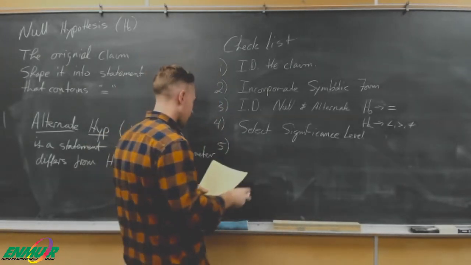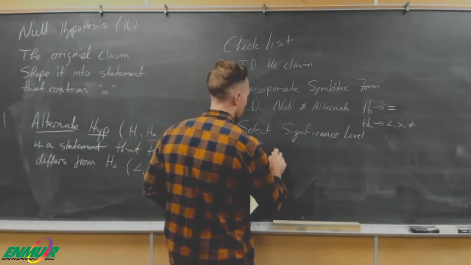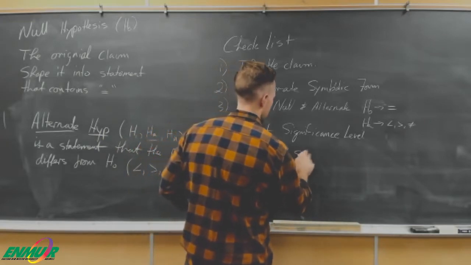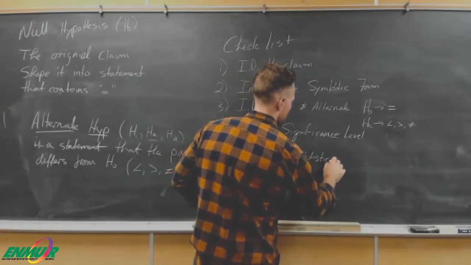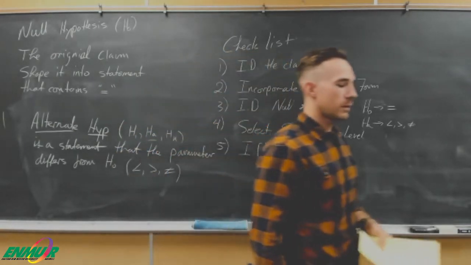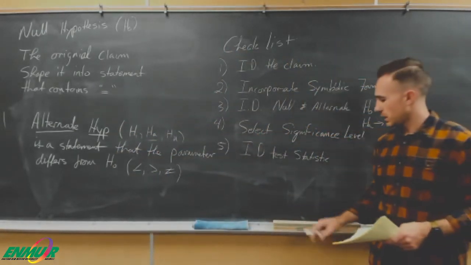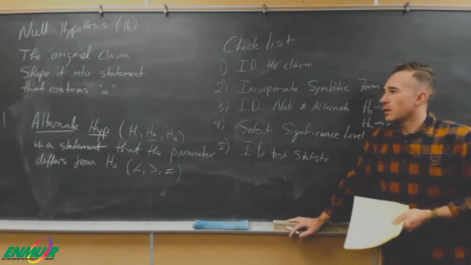So step 5 is going to be to ID the test statistic. Now I want you to think of test statistic as very much so a critical value.